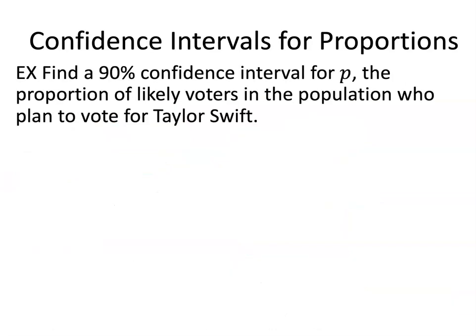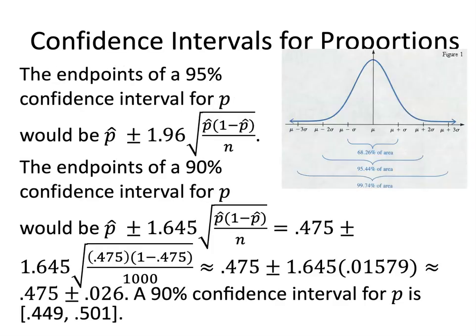Find a 90% confidence interval for p, the proportion of likely voters in the population who plan to vote for Taylor Swift. We did 95 a moment ago. Now let's do 90. Everything's going to be the same, except for a 95% confidence interval this number is 1.96. The endpoints of a 90% confidence interval would be p hat plus or minus 1.645 times the square root of p hat times 1 minus p hat over n.